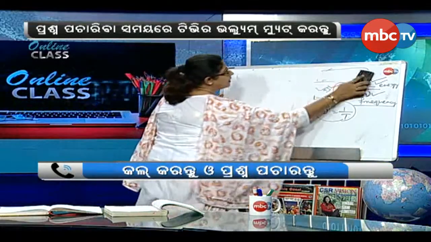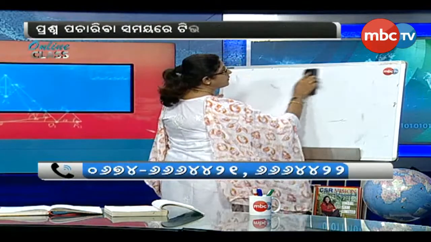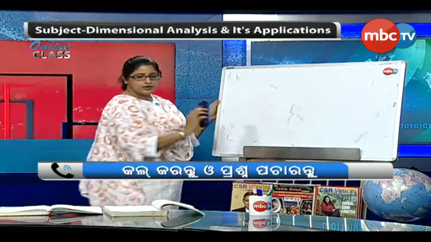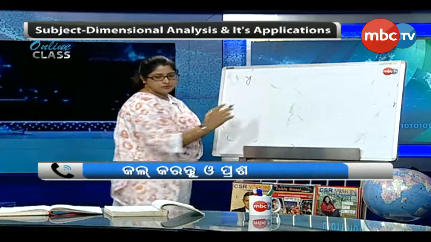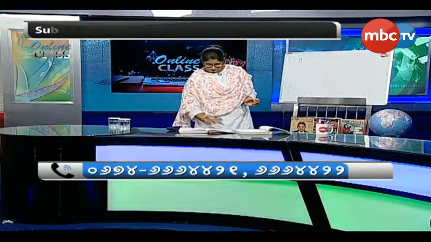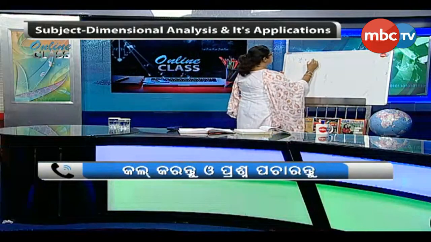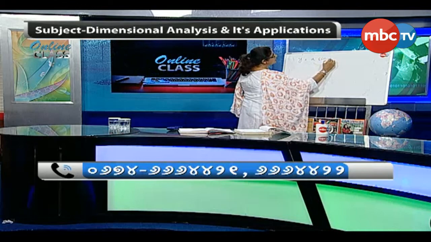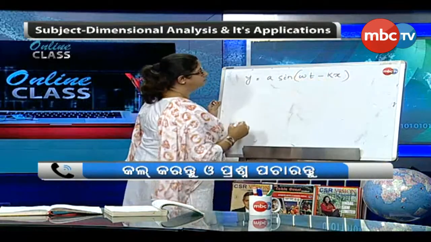Now next only one other type of equation I will take, then we will come to the next application. Y is equal to A sin(omega t minus kx).